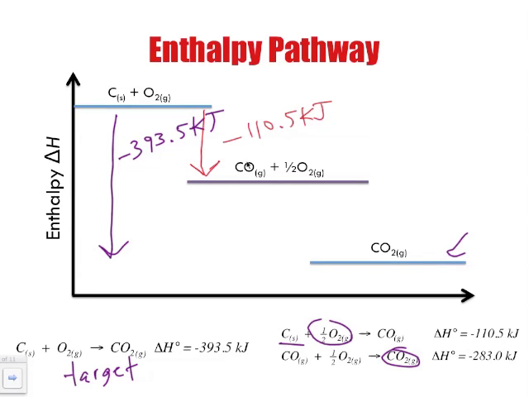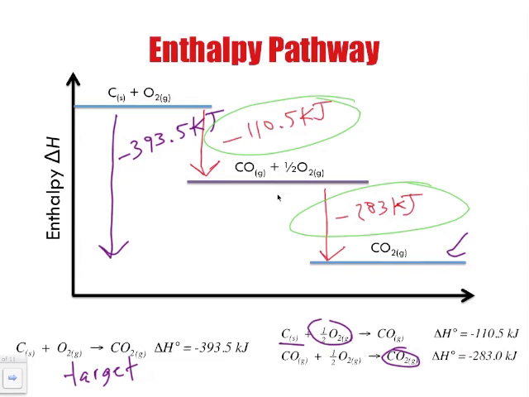And then when this carbon monoxide now reacts with the remaining half of oxygen here, it is now going to give up pretty much another, and it's not to scale, of course, minus 283 kilojoules of heat. So now if we look at it, we're combining really this here with this to get what this target change in enthalpy will actually give us.